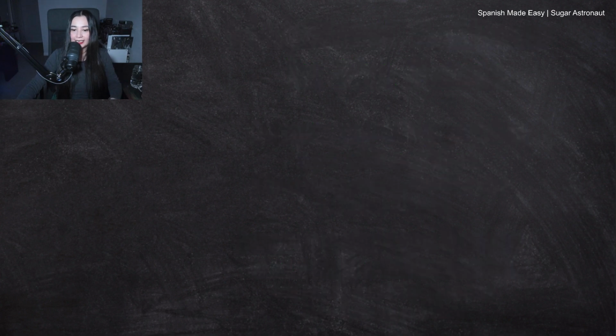Remember that. Okay, so the next use and the last use of el imperfecto. After this, we will conjugate some verbs. I'll show you the conjugation of el imperfecto with different verbs. Okay.